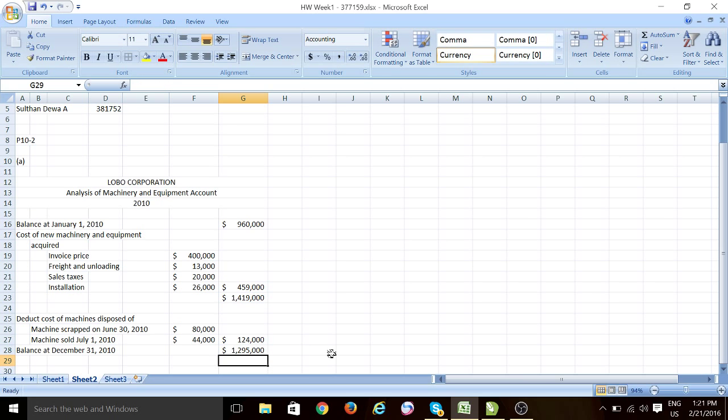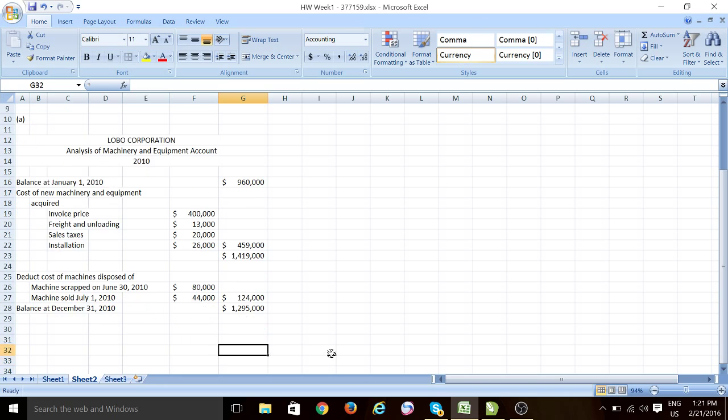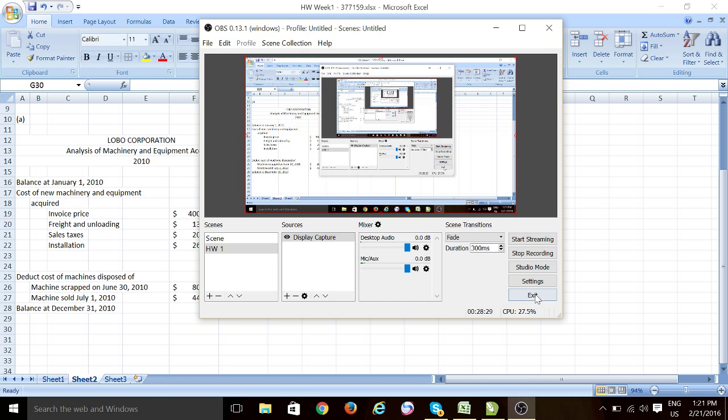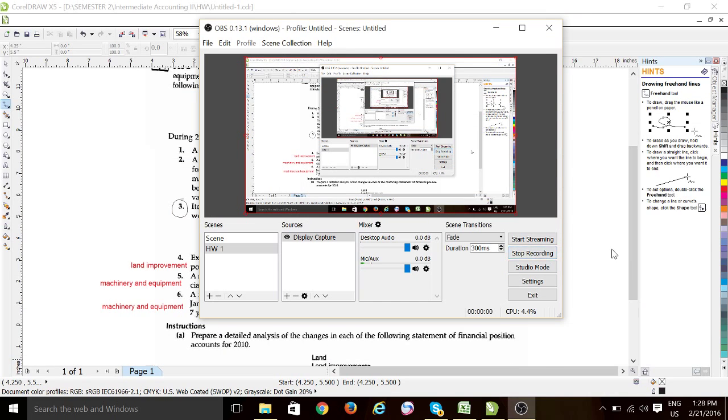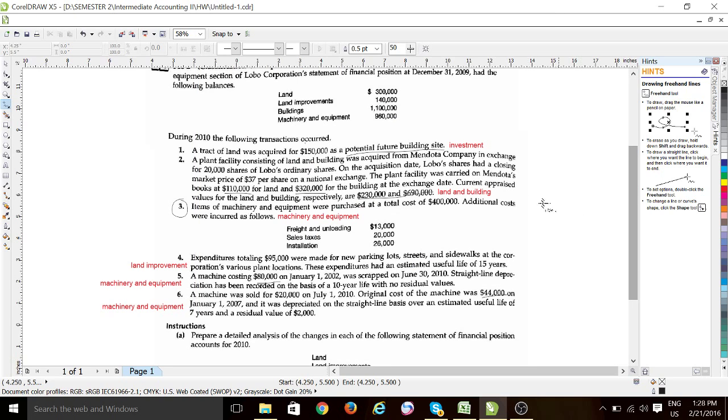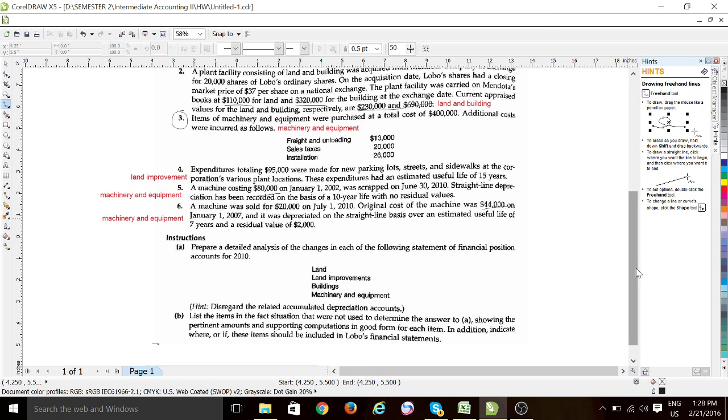So the ending balance for the machinery and equipment account is $1,295,000. So we have finished the first question to prepare detailed analysis.